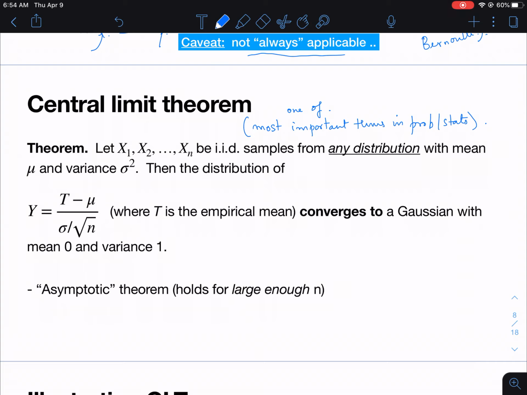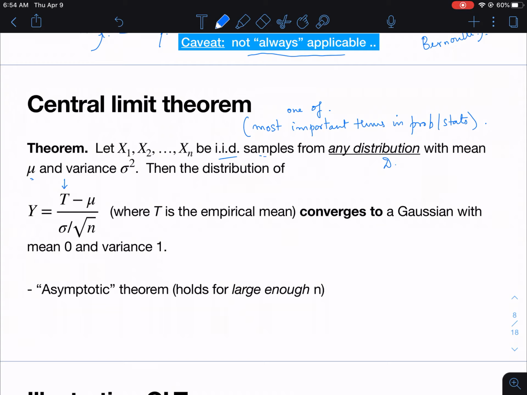What it says is that if you have x1, x2 up to xn being IID samples from any distribution D, with mean mu and variance sigma squared, okay, so you need the mean and the variance to be well defined. Then the distribution of this new variable, which is the empirical mean minus mu, the mean of the distribution, divided by sigma by root n.